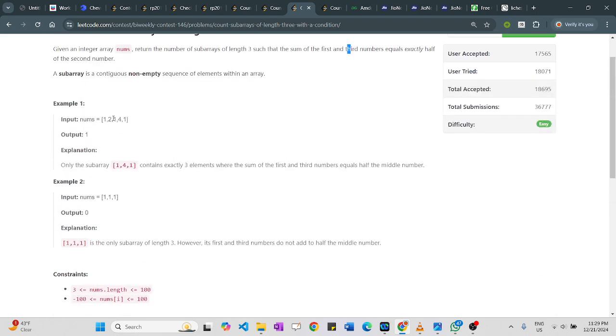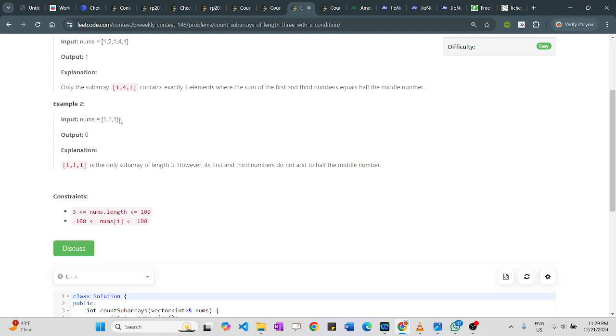In this case, this is the subarray 1, 4, 1, and the sum of the first element and the third element is equal to 4 by 2, right? So this is the one possible subarray, and in this case the answer is 1. We can't find any other subarray following these properties.